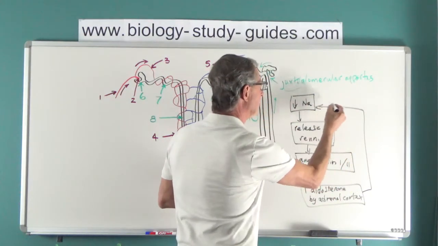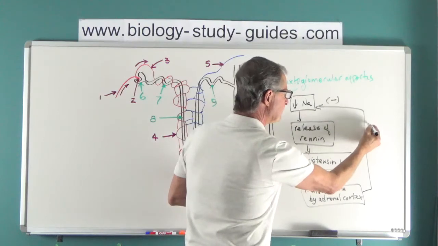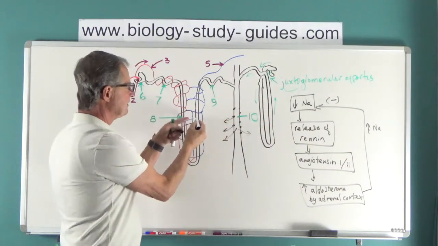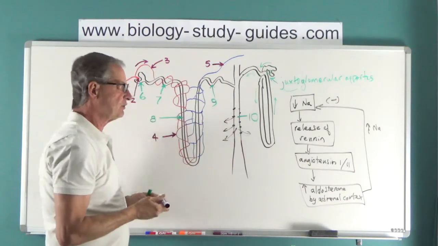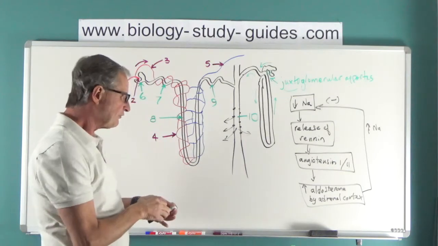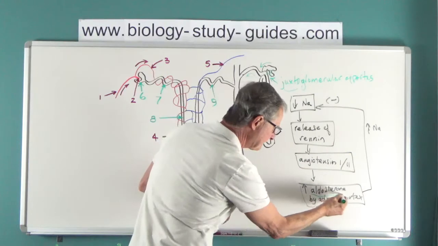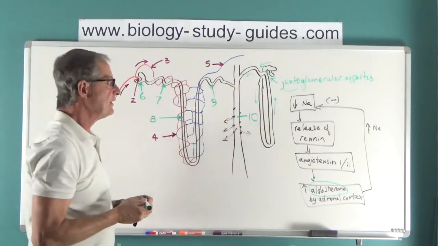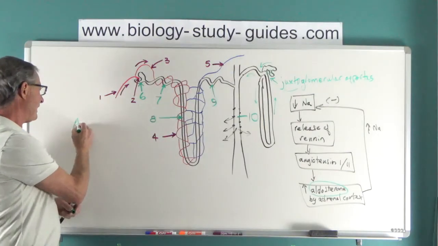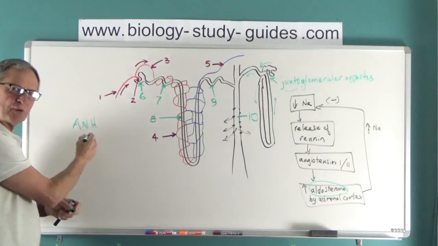Aldosterone will increase the amount of sodium that gets recovered on the ascending side of the loop of Henle. So there's two hormones so far, this one here and ADH. There is a third hormone that plays a role in this system, and it's called ANH, atrionatriuretic hormone.